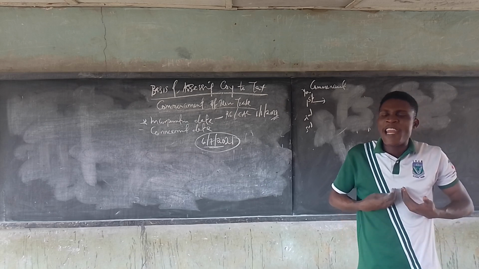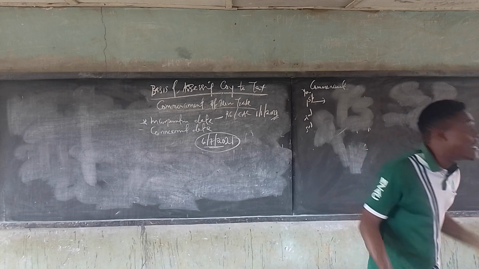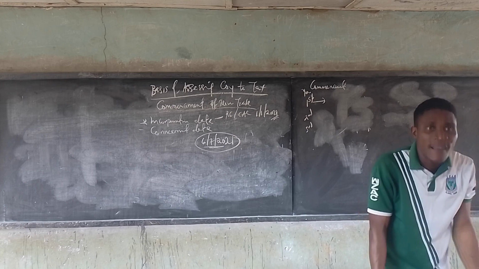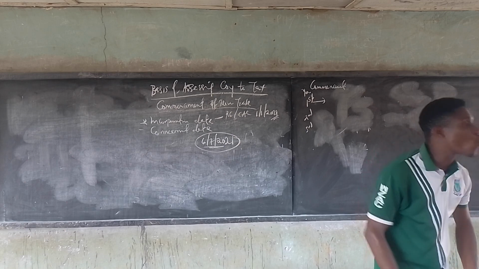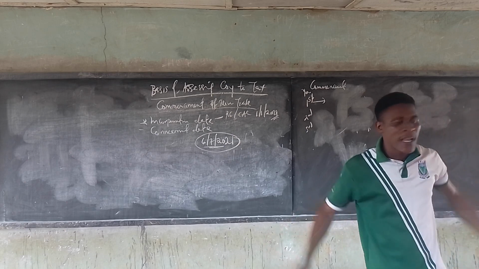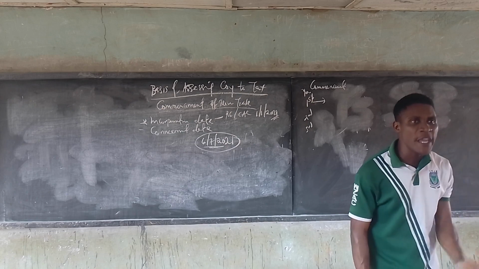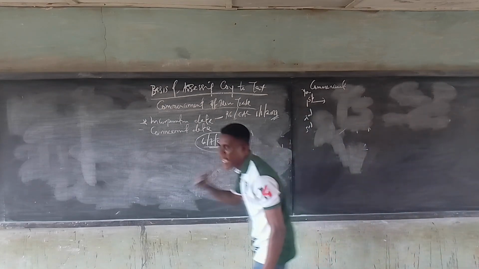Because any company can choose any accounting year end. They can choose December, September, October, any date as accounting year end. So the question is, when is your accounting year end?